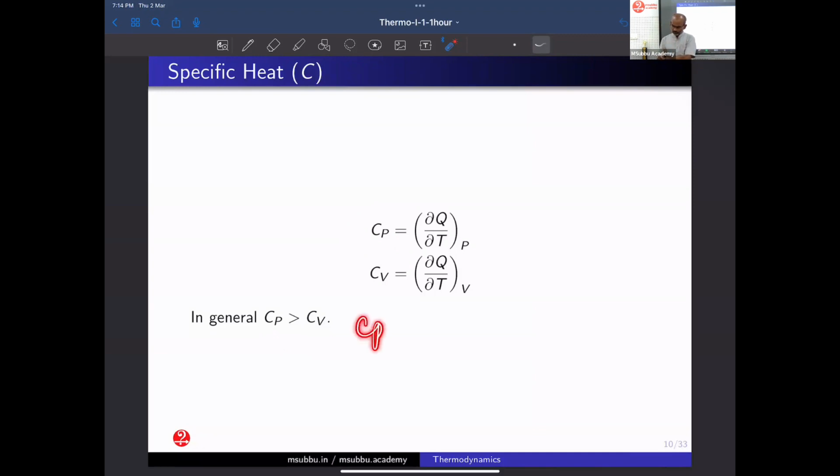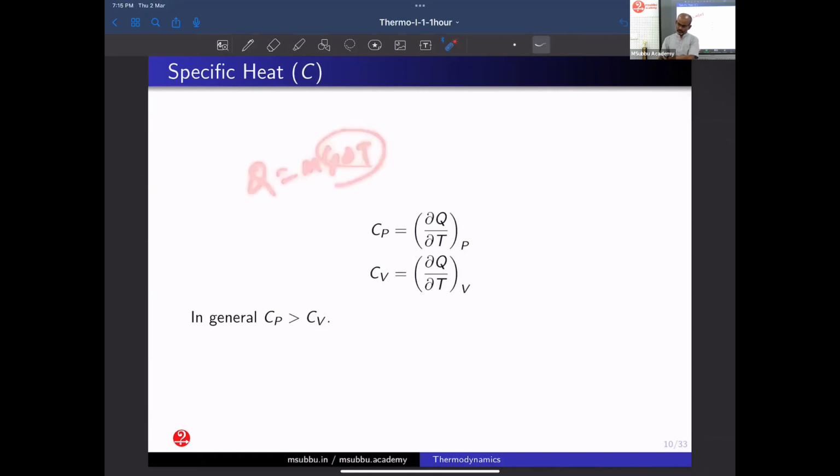That's why Cp is roughly equal to Cv for liquids and solids. So in the case of heat transfer requirement, we simply take Q as mCp delta T, irrespective of whether the process is happening at constant pressure or constant volume, without worrying about the nature of the process.